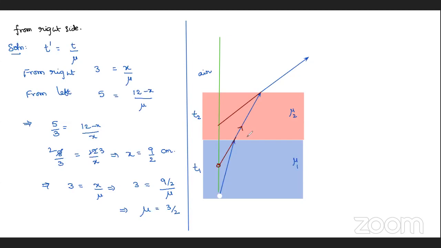From mu2. Okay. And here, this will be the apparent position of the object, this one. Correct, Anna? Yes, sir. For this object, it is the image. Am I right? Yes, sir. Finally, then T2, sir, means in mu2. Very good. Finally, we see this one.